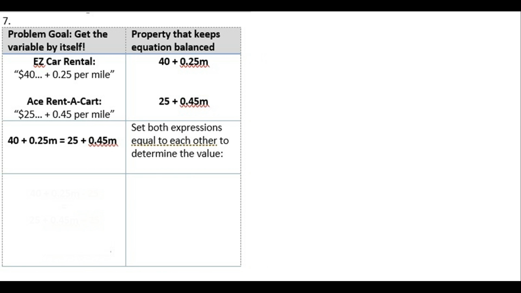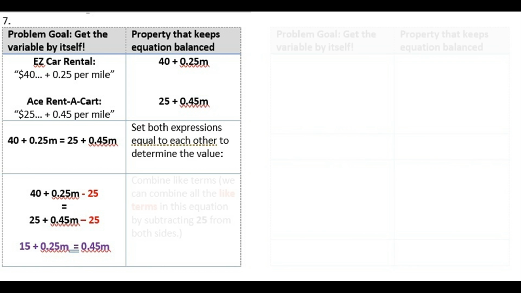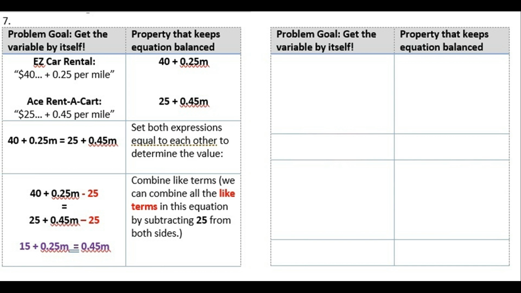So all you have to do is set each part of this equal to each other. So set the Easy Car Rental equation equal to the Ace Rent-A-Car equation. So we have 40 plus 0.25m minus 25 equals 25 plus 0.45m minus 25. What that will do is get our constants onto the left-hand side of the equation.